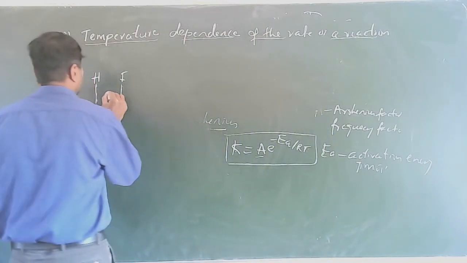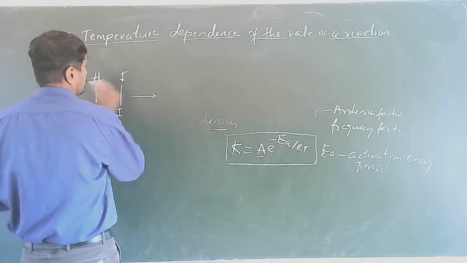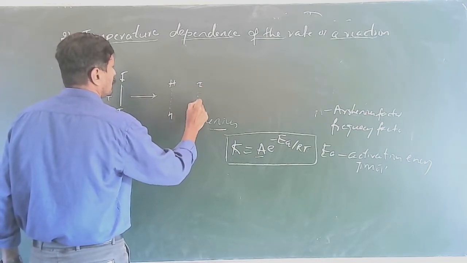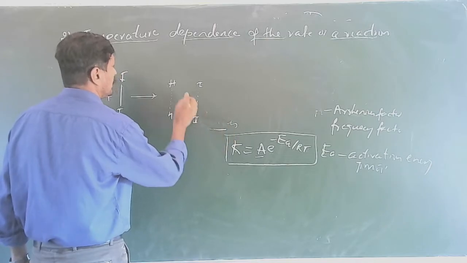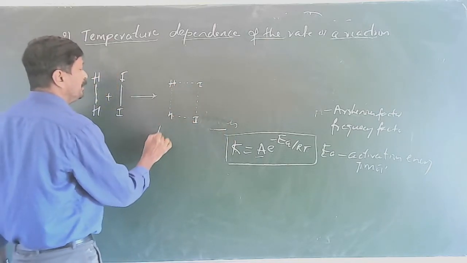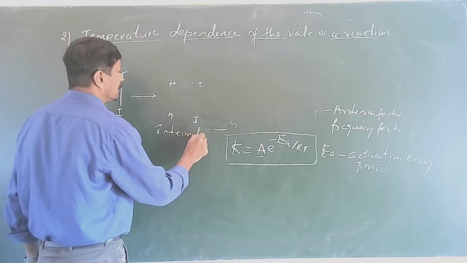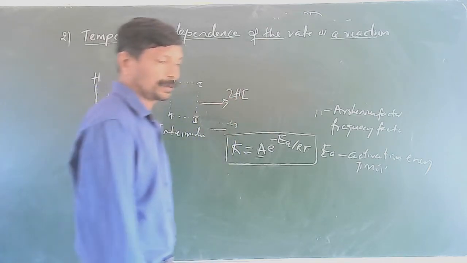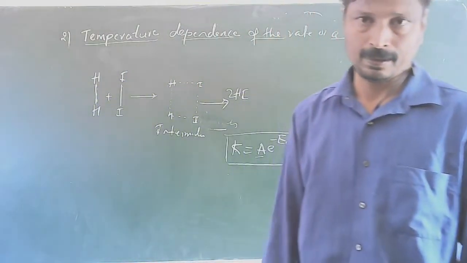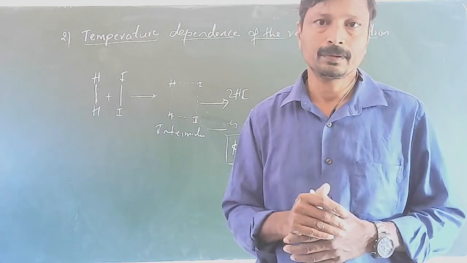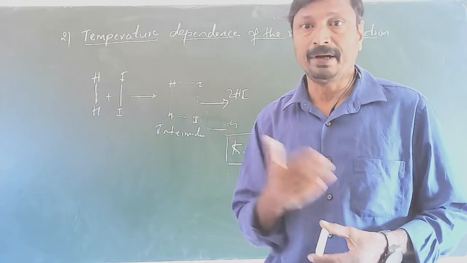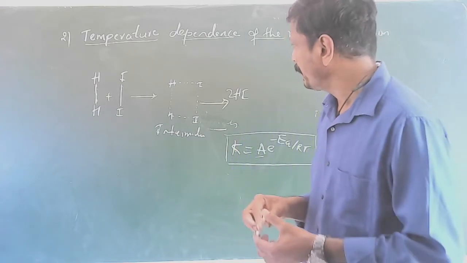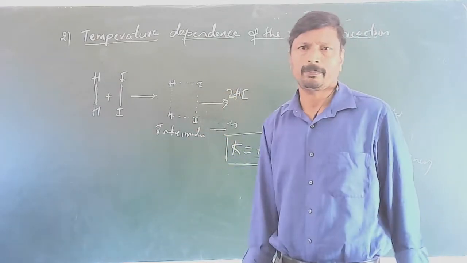The hydrogen and iodine collide to form an intermediate, and this decomposes to give HI. According to Arrhenius, the reacting molecules collide and form a very short-lived intermediate. The intermediate finally decomposes to give the product.